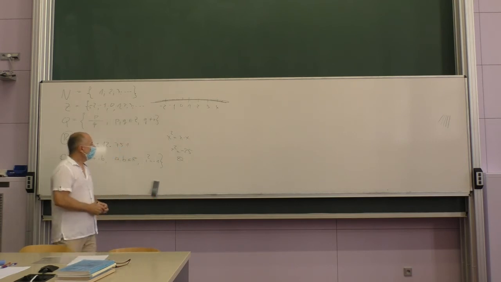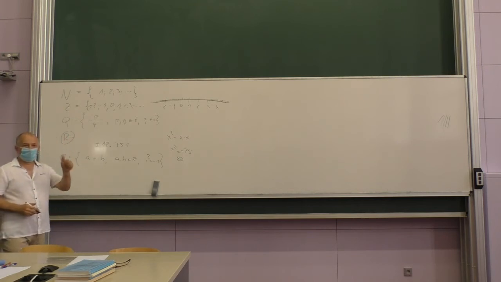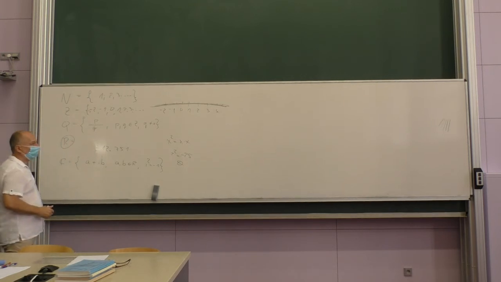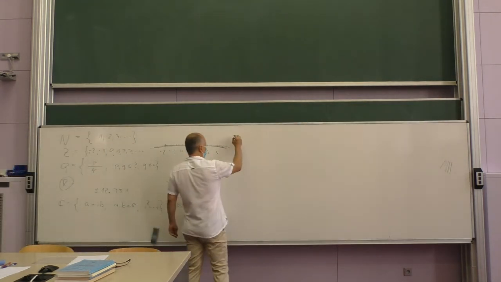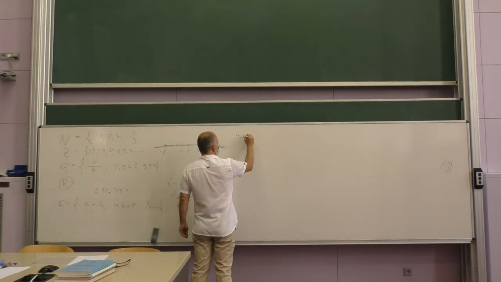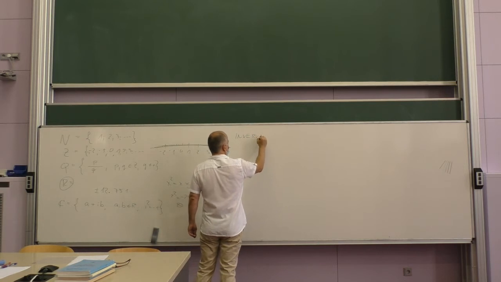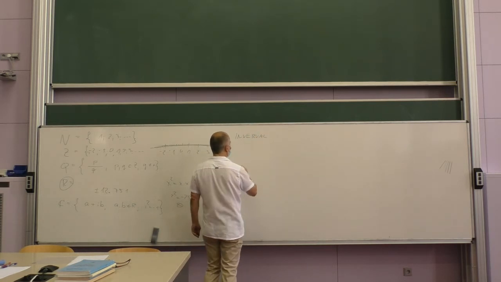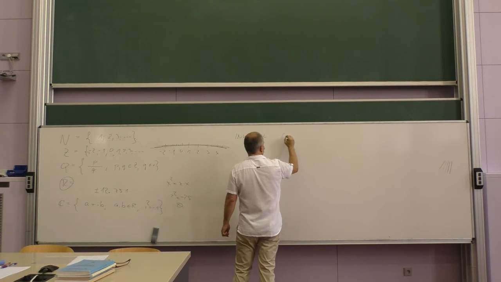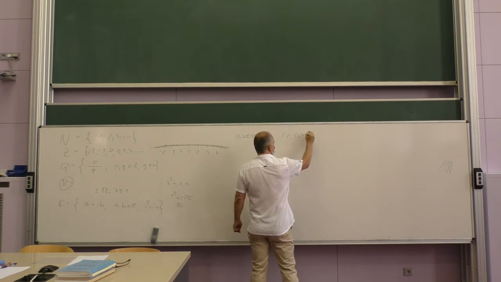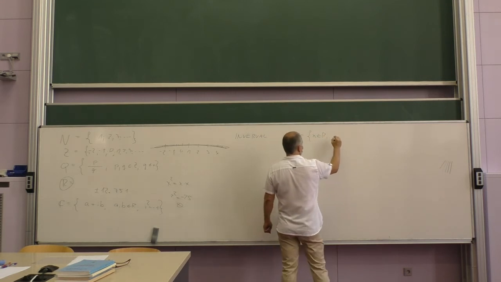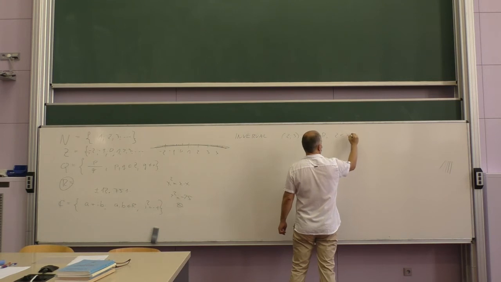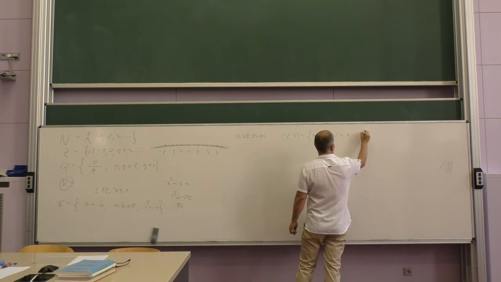Then, instead of having just one number, we often work with sets of numbers. So an important term is interval. An open interval, say from 2 to 3, is the set of all real numbers x such that 2 is less than x is less than 3.